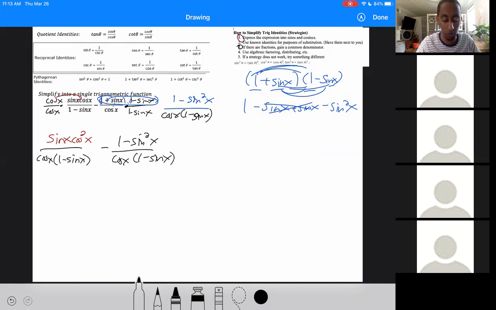Our goal is to simplify into a single trigonometric function. Presently, we have gotten a common denominator. Now, what next? Ideas.